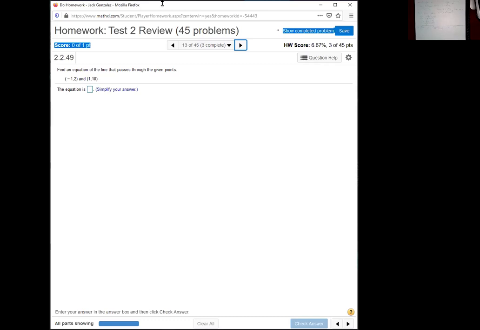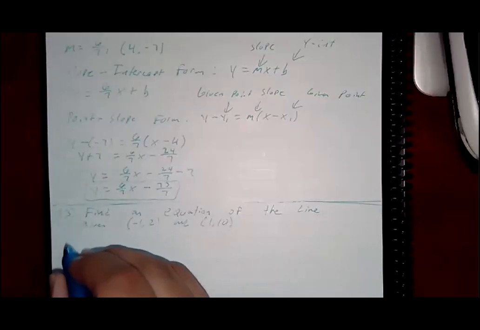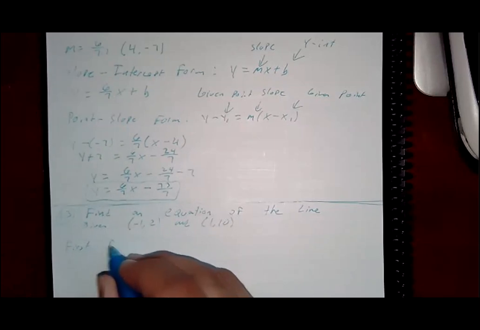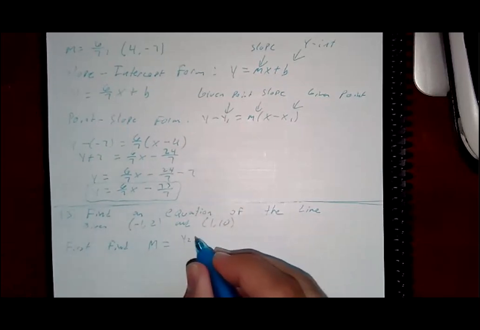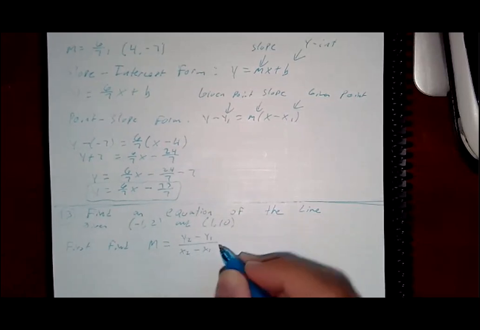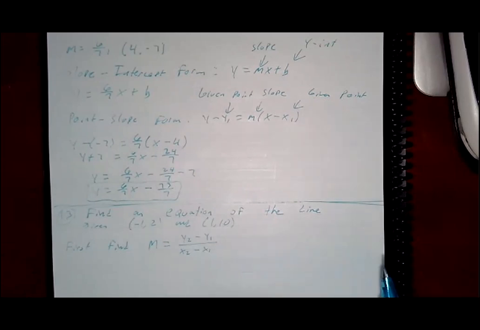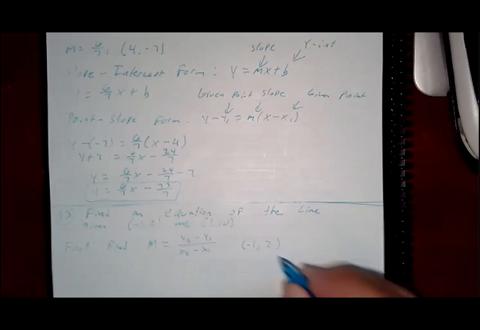Okay. So first step is first find m. So you use this formula, right? y2 minus y1 over x2 minus x1. So I'm going to rewrite the points over here so I can label them.